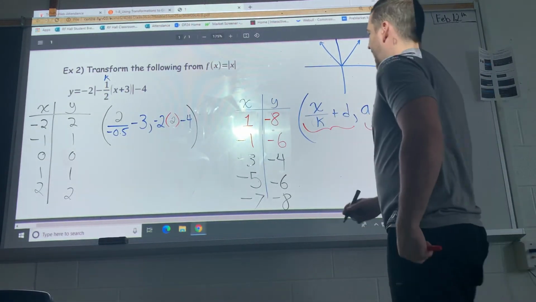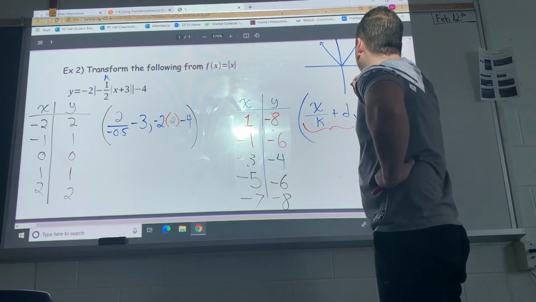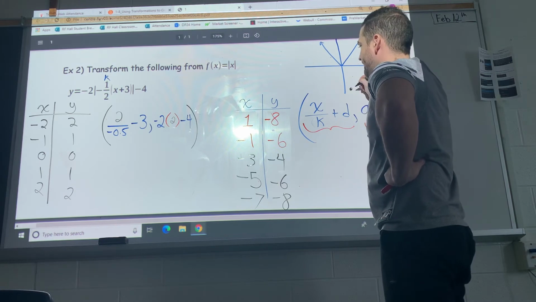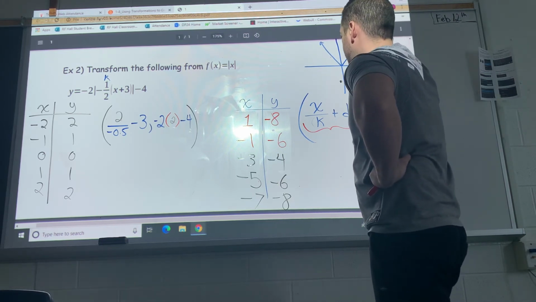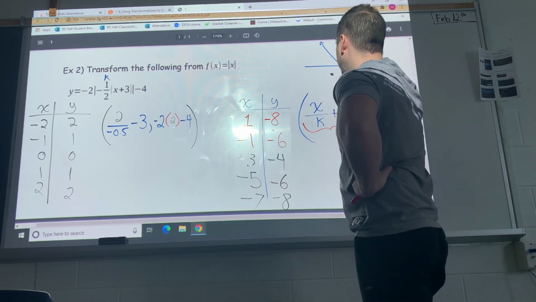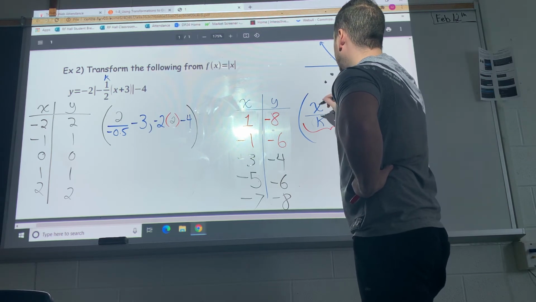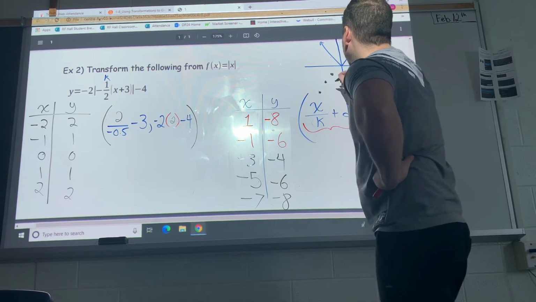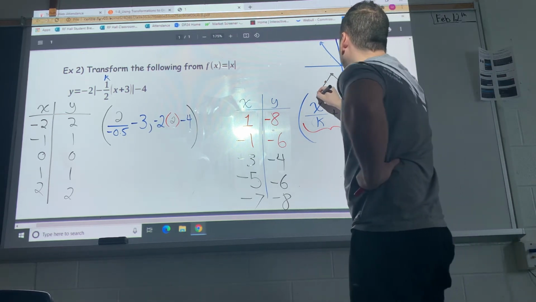All right, so if I had to graph it, 1 and -8, I don't know, somewhere here. -1, -6, -3 and -4, -5 and -6, and -7, -8. So if I had to graph it, it would look something like this.